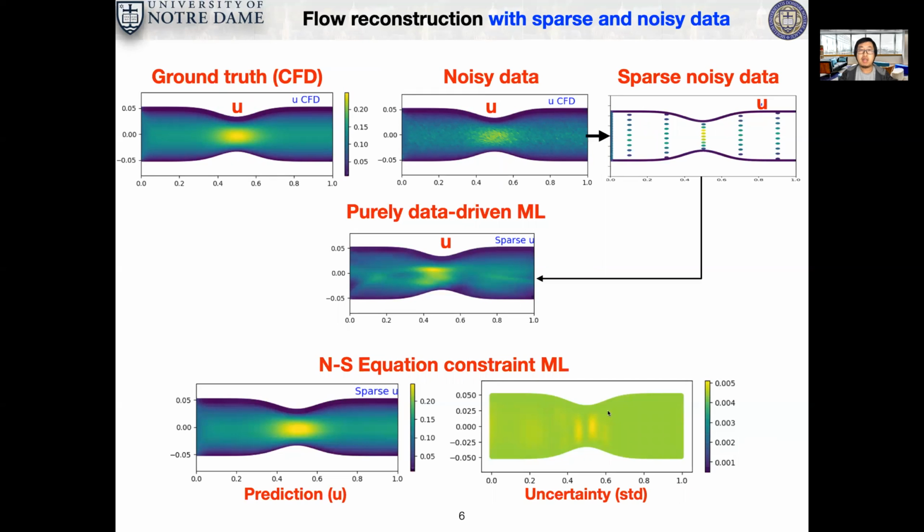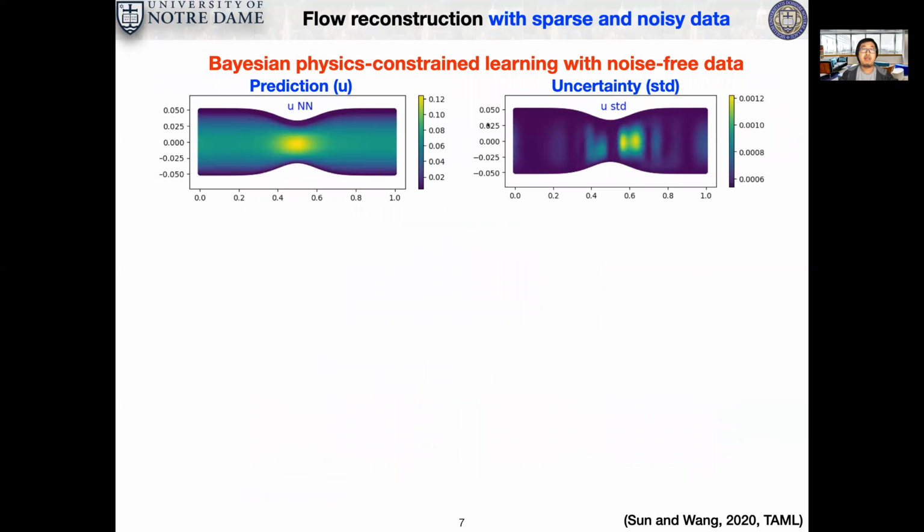And in the meantime, it also provides the predictive uncertainty since our network is formulated in a Bayesian fashion. So let's check if the estimated uncertainty also makes sense if we change the data noise. For example, if we use noise-free data, you can see the prediction uncertainty is very low and it's all zero in most regions.